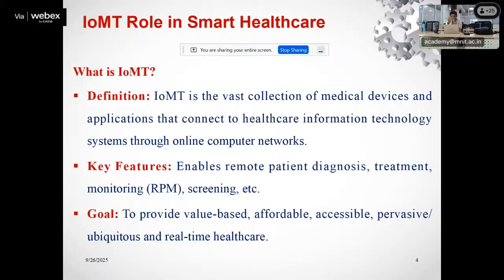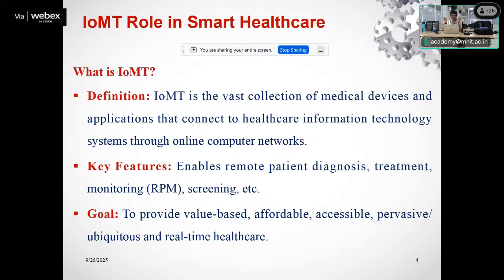IoMT is the vast collection of medical devices and connected healthcare-related appliances which help to capture information related to your health and allow you to store it in a particular cloud.